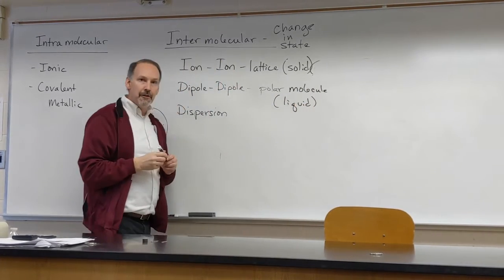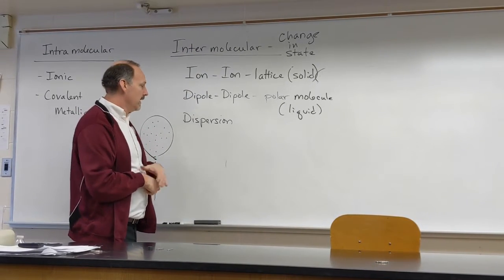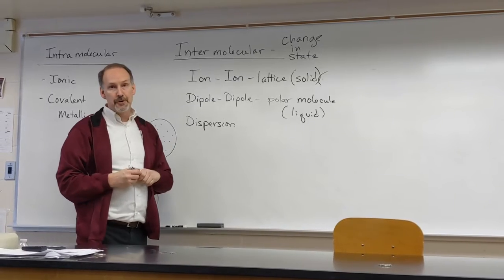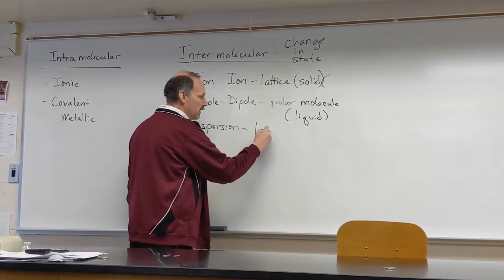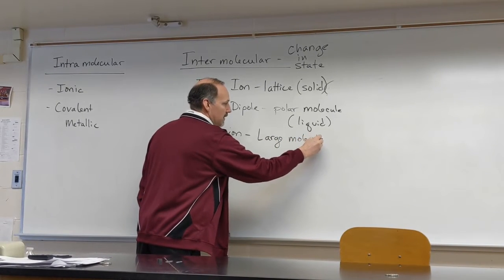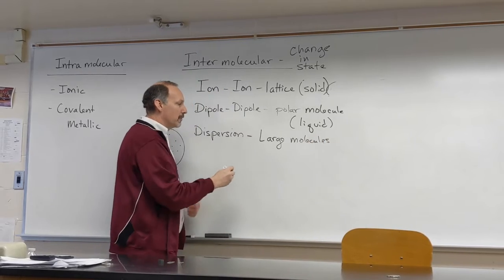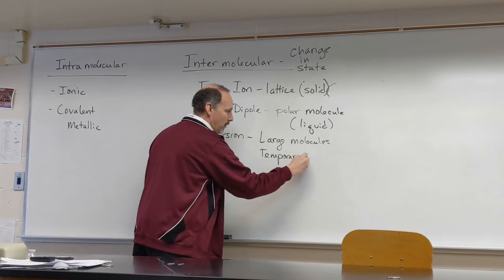So another intermolecular force can be found because of that situation. Now the last one is called dispersion, sometimes called London dispersion, and that happens when you work with extremely large molecules. These molecules can be temporary dipoles.